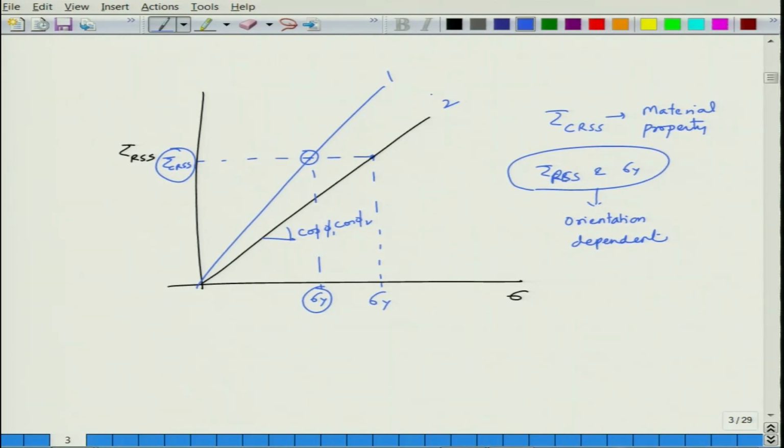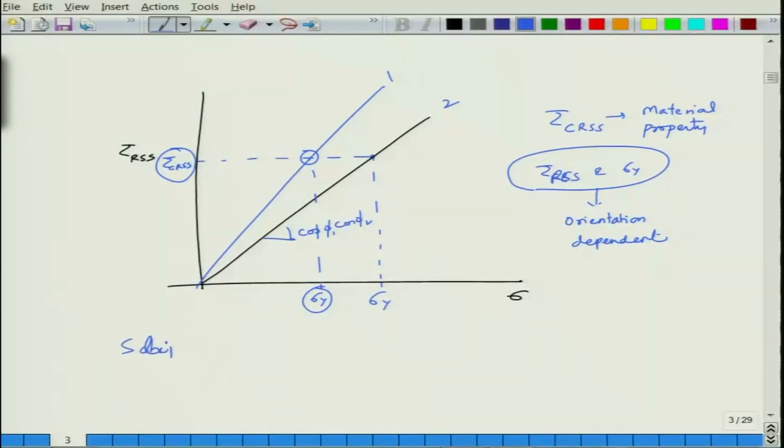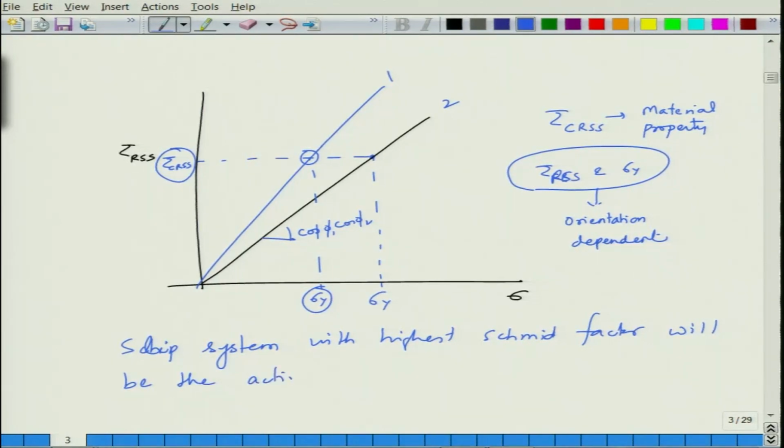Basically the slip system with the highest Schmidt factor will be the active slip system.